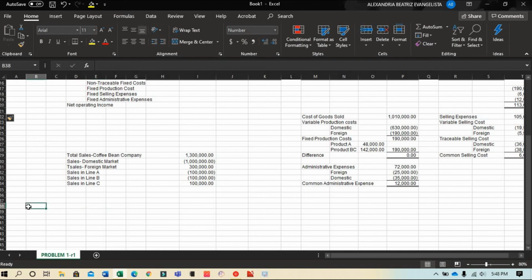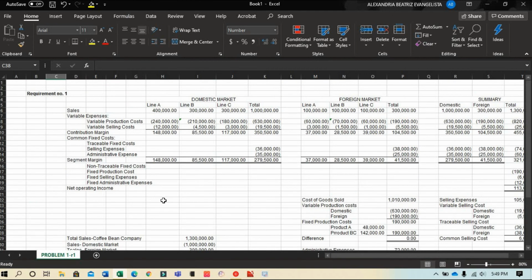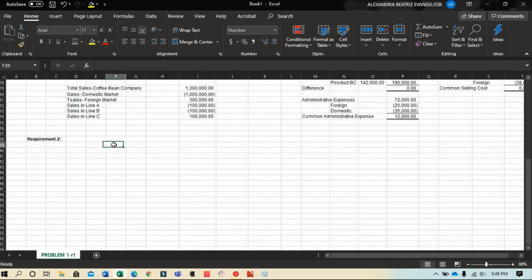So it's just the same. We're going to make a segmented income statement based on the given format. So let me just input the headers.